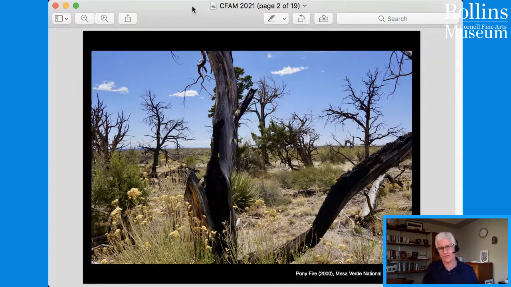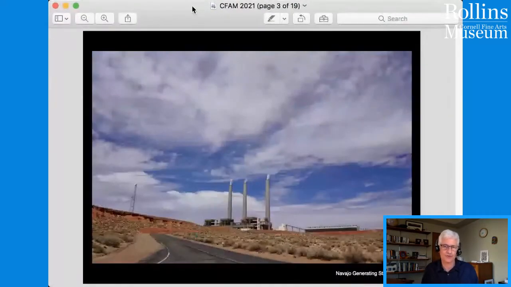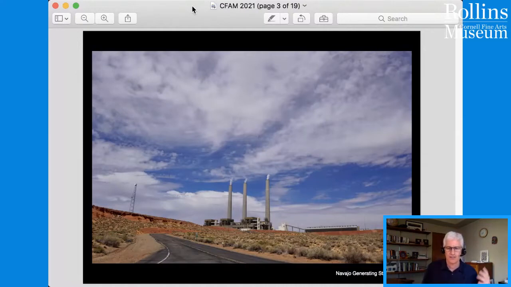And in following this literature and all of this research for a long time, I was really struck by the contrast between the invisibility of the gases that are causing all of this, carbon dioxide and water vapor, which are really invisible, against the actual impacts themselves, which increasingly are becoming highly visible in these landscapes.